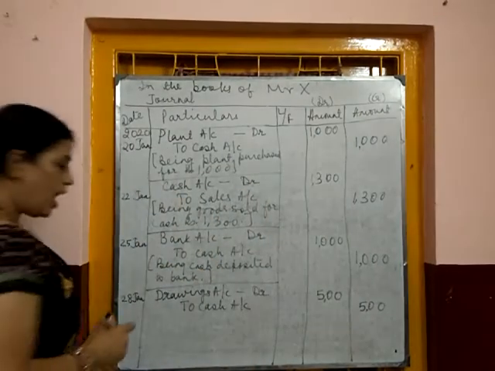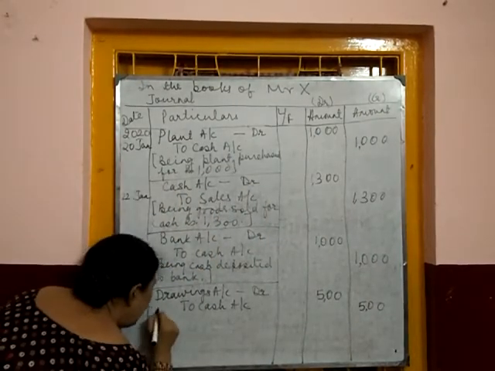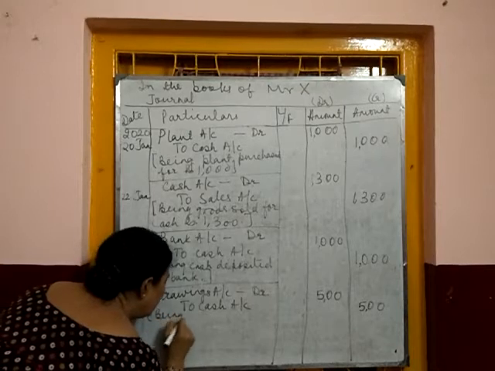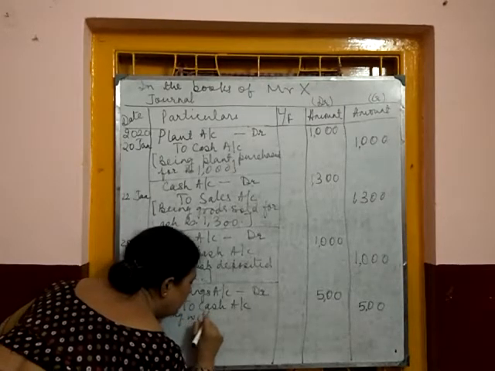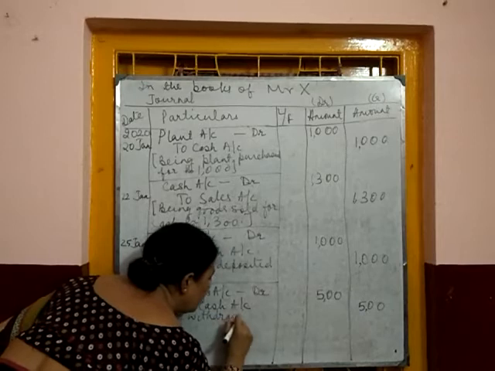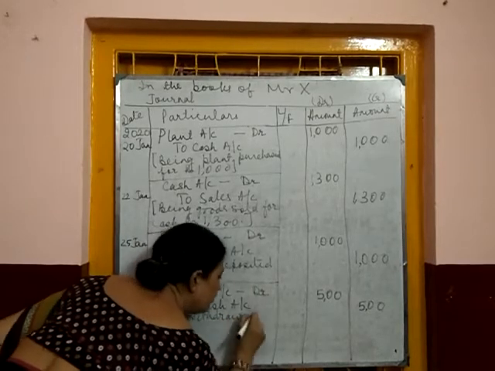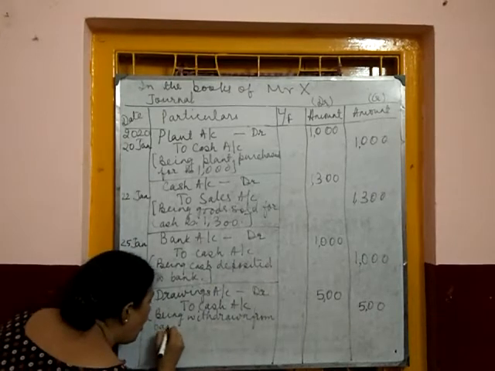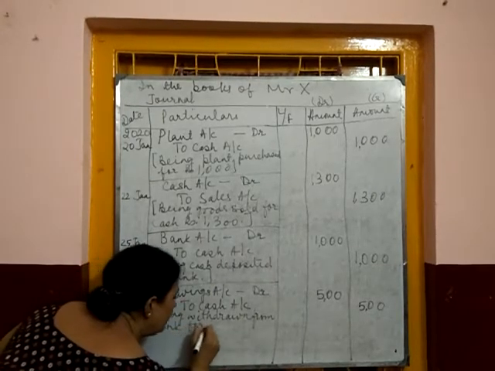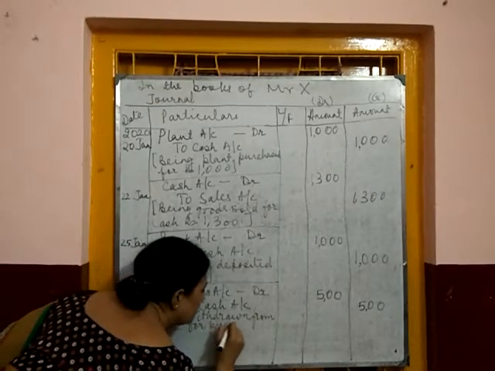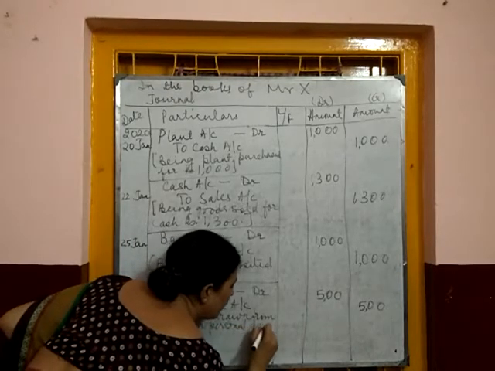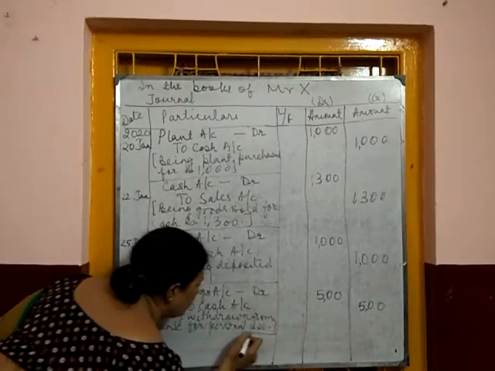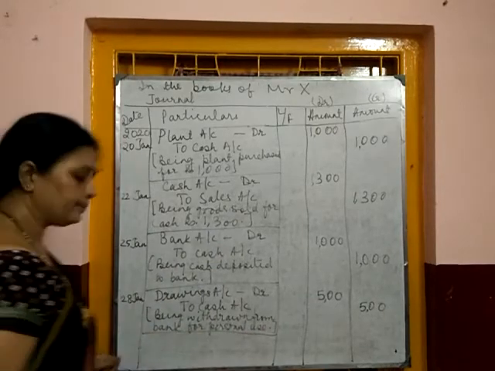Okay. Our narration will be: being withdrawn from bank for personal use. We will draw a line here.